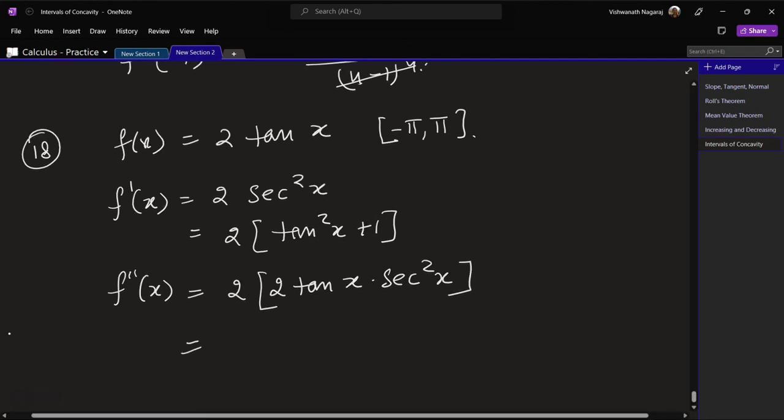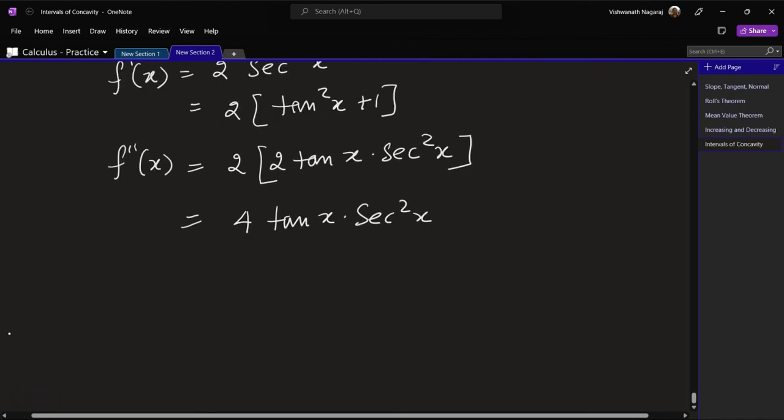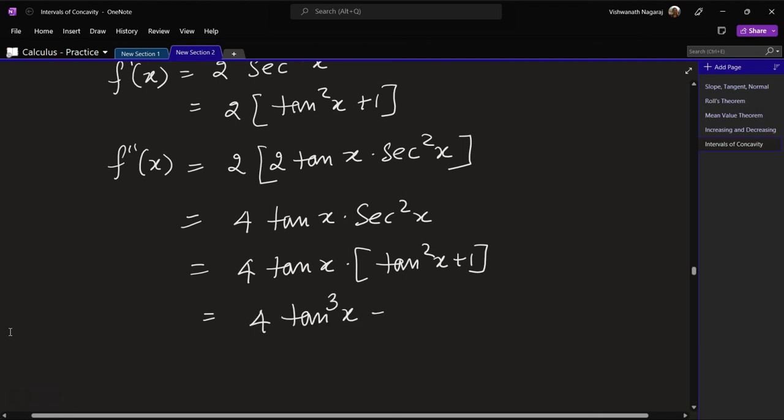So which gives us 4 tan x sec square x. And again, sec square x can be written as tan square x + 1, which gives us 4 tan cube x + 4 tan x.